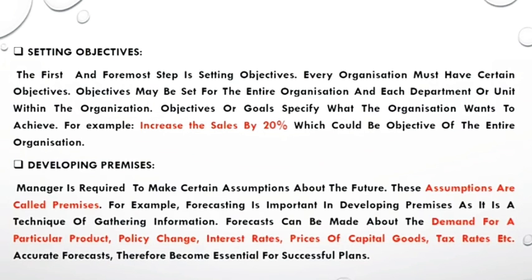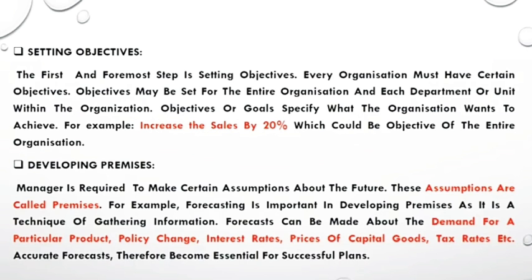The base material may be in the form of forecast, existing plans, or any past information about the policies. The premises or assumption must be same for all, and there should be total agreement on them by all the managers and the workers involved in planning.